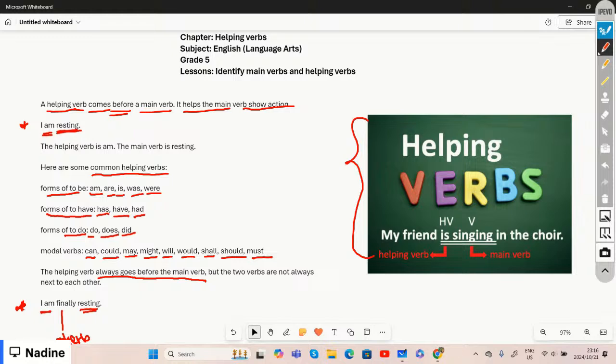All right. So is a helping verb, whereas singing is our main verb. And is helps the main verb to show action.